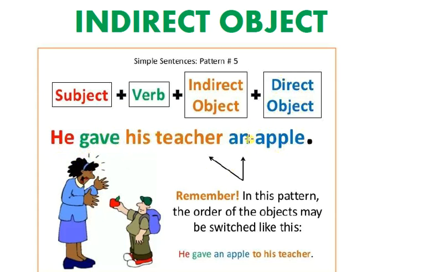To whom? To his teacher. Remember, in this pattern, the order of the objects may be switched like this. He gave an apple to his teacher. Okay? So let's go back to our book page.